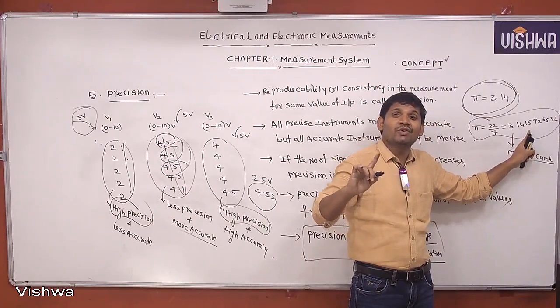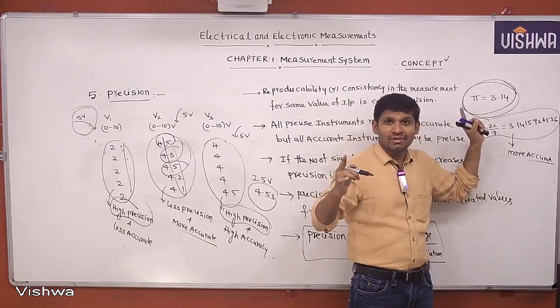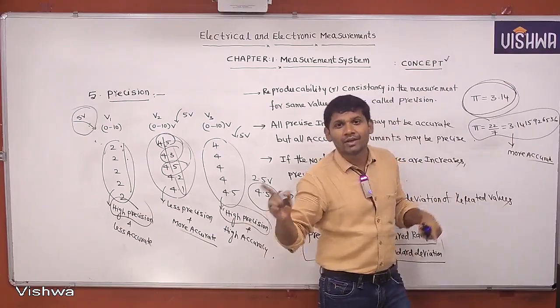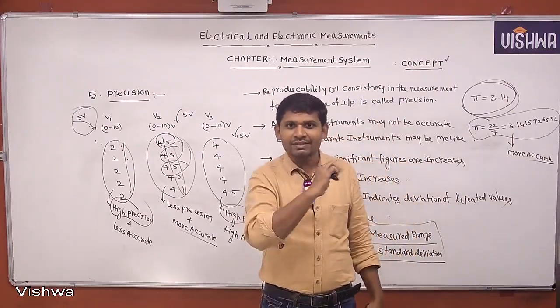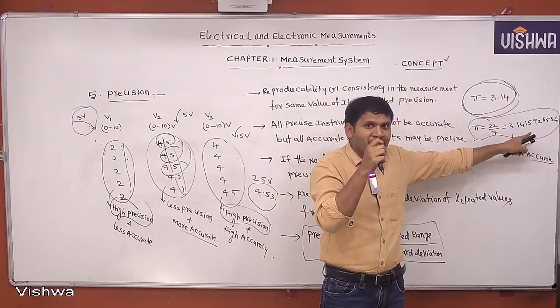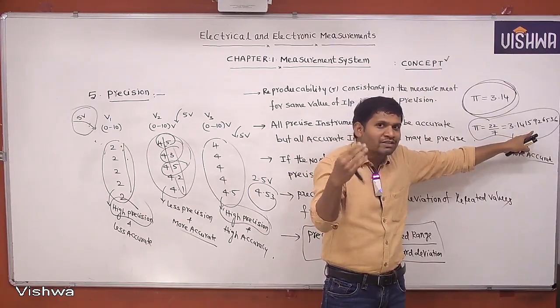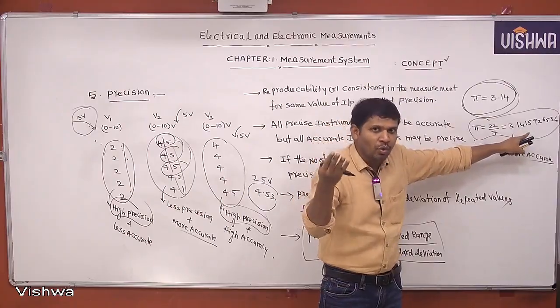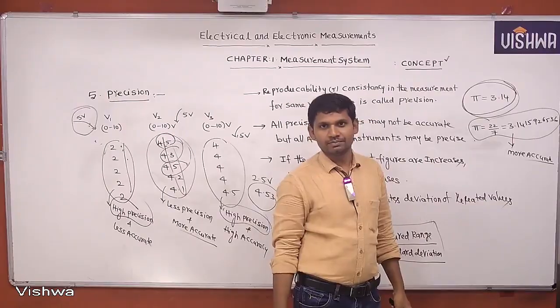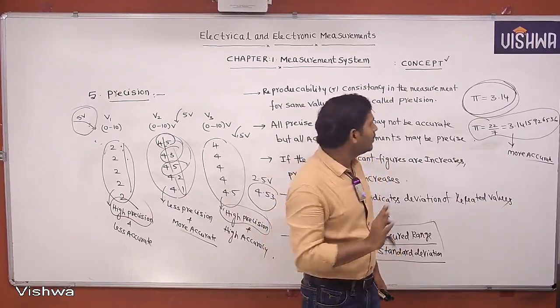High accuracy indicates high precision, but high precision may not guarantee high accuracy. Clear the example? This is an accurate value with more significant figures. That's why because of high accuracy, we are getting high precision also. Understood? Remember this point.